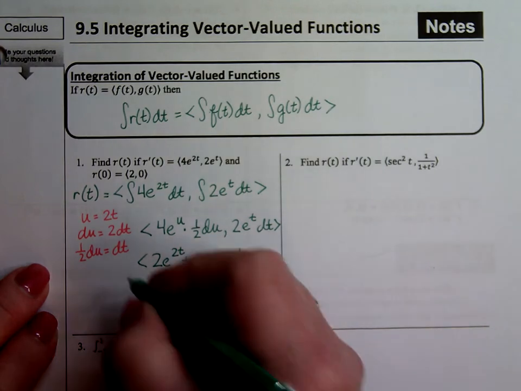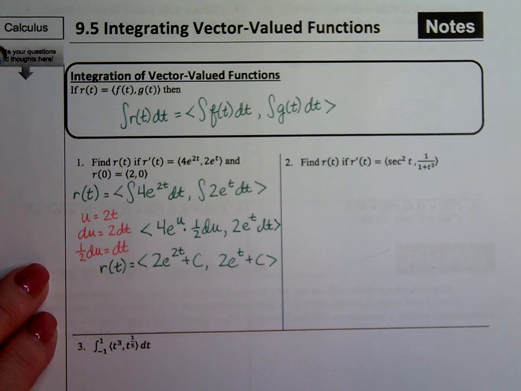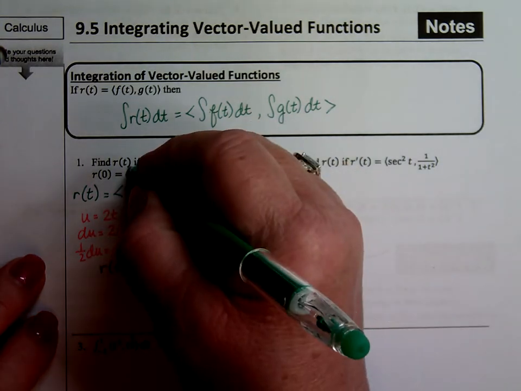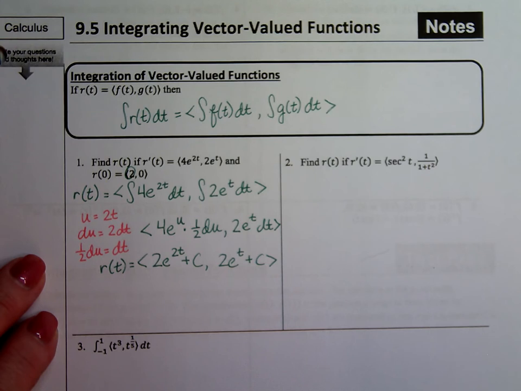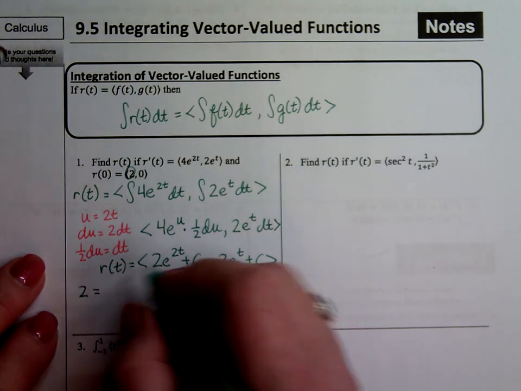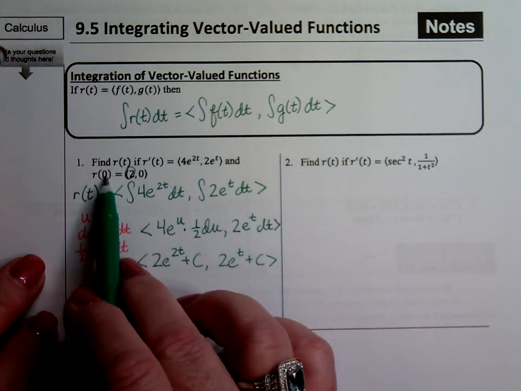Well, there's my r of t vector valued function, but they gave me information for me to be able to figure out exactly what the c could be, because that comes here. They told me the x is 2. That component part equals 2. So now I come over here, 2 equals 2e to the 2 times 0 plus c. Now that happens to be when t is 0.